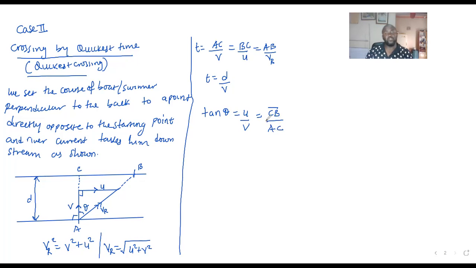So if you know U and you know V and you know SC, SC is already D. So you can get U out of V is equal to CB out of D. Therefore, CB can be attained from U out of V times D.